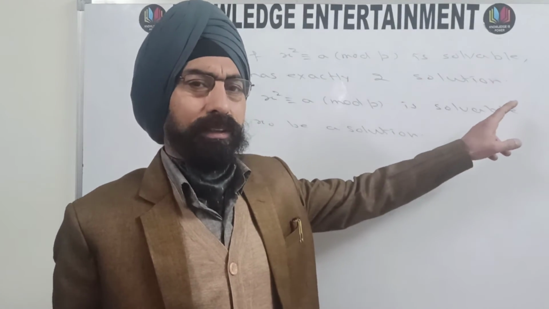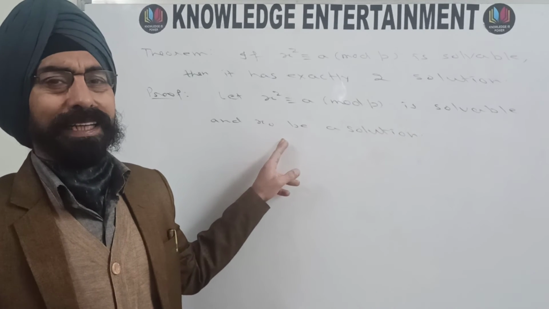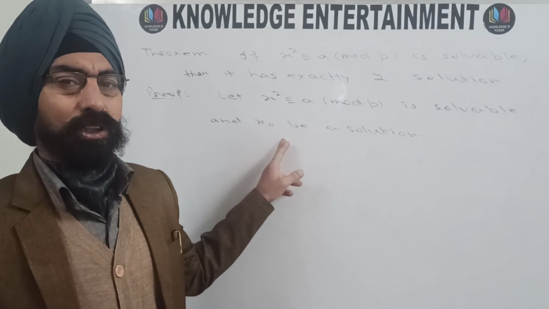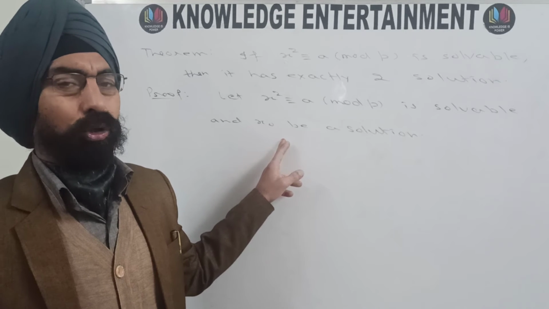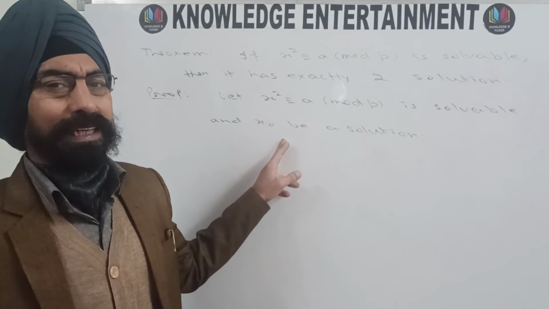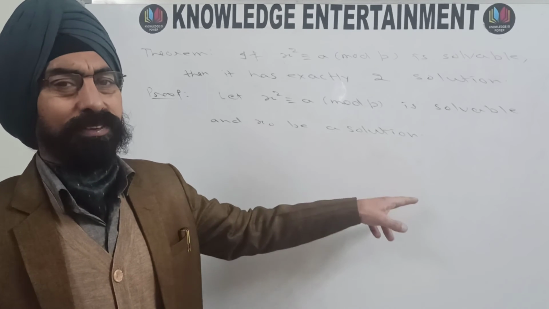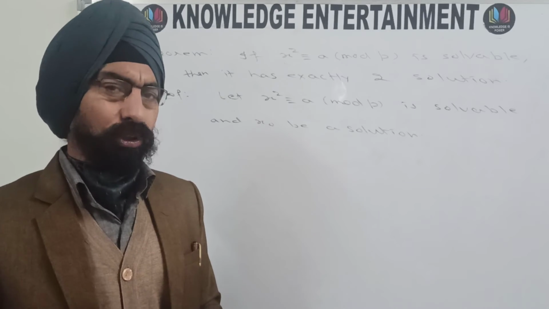It has a solution, so we have supposed that the solution is x naught. Now we have to show that there is another solution which is incongruent to x naught modulo p. And these 2 will be the precisely 2 solutions. And if any third solution is there, that will be congruent to either this one or the second one. Let us see what the second solution is.